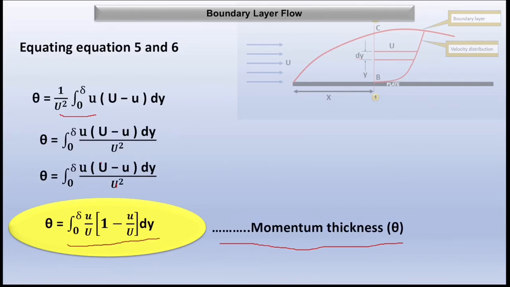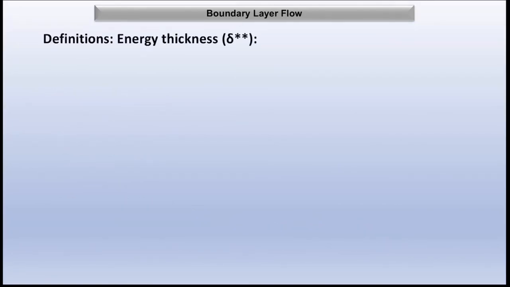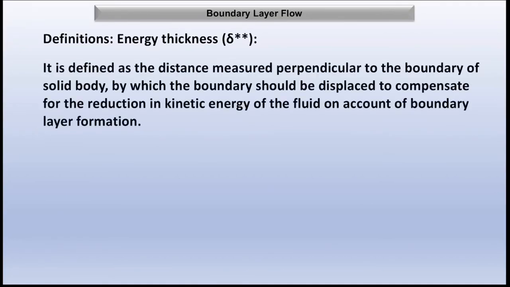Okay, so the last term we are going to talk about in this video is energy thickness. Whenever there is a formation of the boundary layer, there will be loss of energy. In order to compensate for that loss of energy, we need to displace the solid plate by a certain distance, and that distance is nothing but the energy thickness.